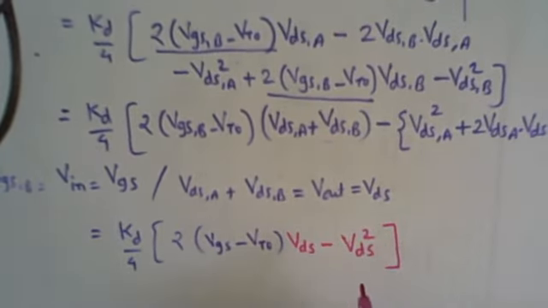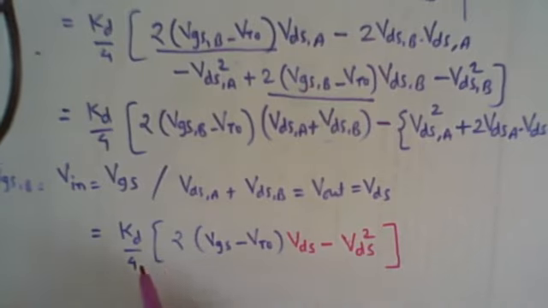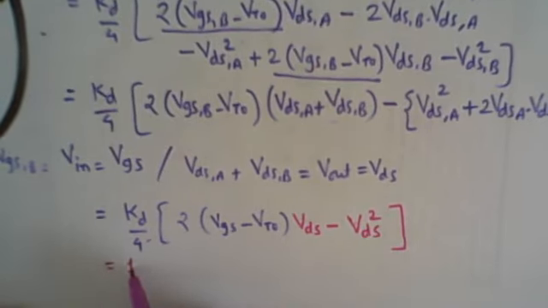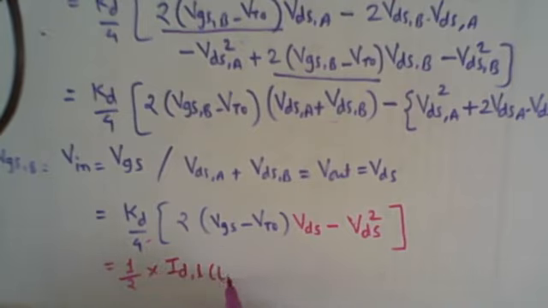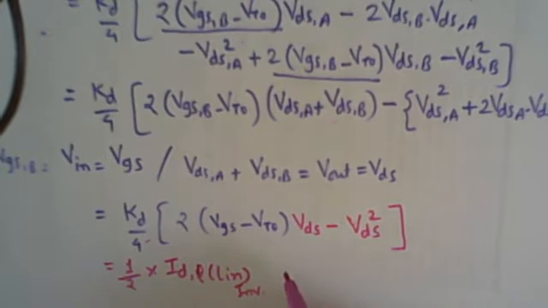So this equation is similar. This can be written as 1 upon 2 into the ID linear current of an inverter. The inverter ID linear current can be written as KD by 2 into 2 VGS minus VTO into VDS minus VDS square.